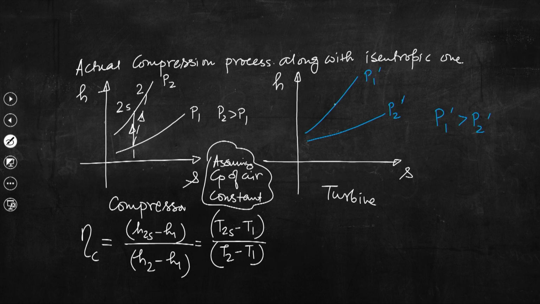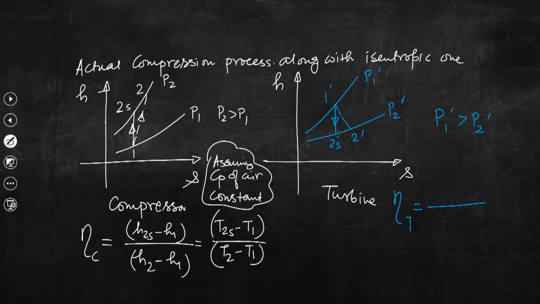So, this is the isentropic expansion from 1 prime to 2 prime S, while the actual expansion will be like this. So, this is 2 prime. Okay. So, similarly, you can define here eta turbine.